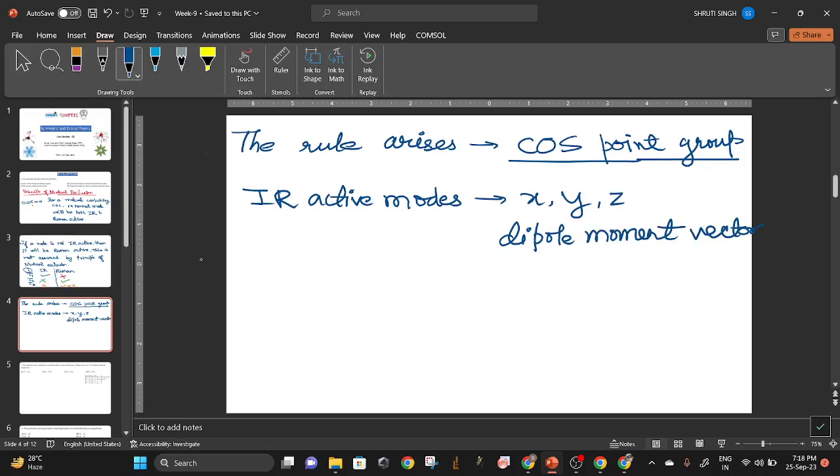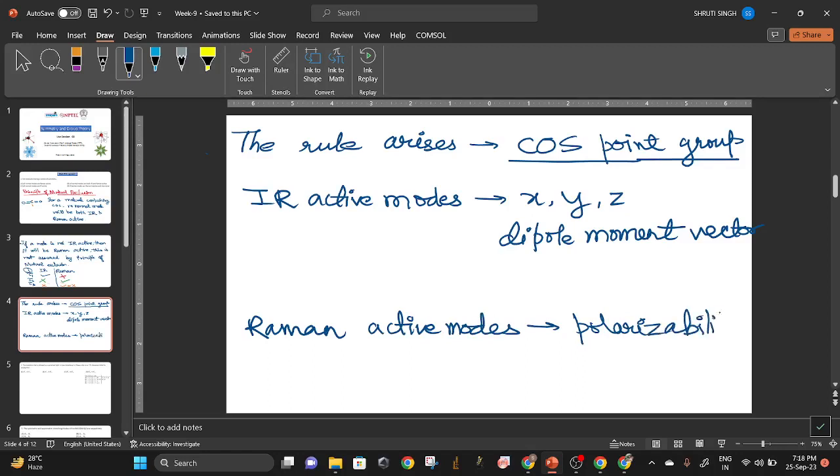And the Raman active modes get transformed according to the polarizability, like the quadratic terms xy, yz, like that.